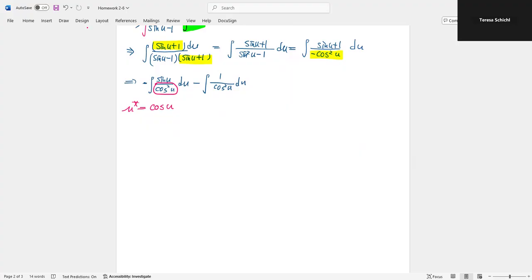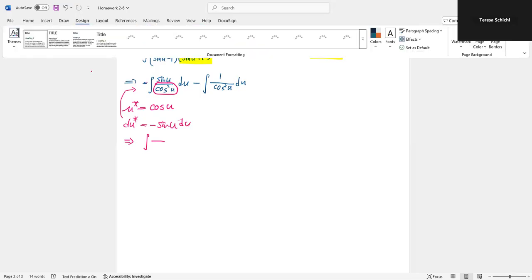Then du star is equal to negative sine u du. So I can put it back here. This one I will keep in red. So what this will be is 1 over u star squared, with negative sine u du here. Did you see that? So this one's here.